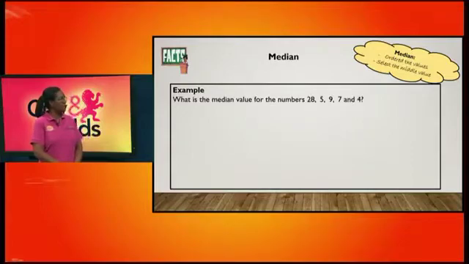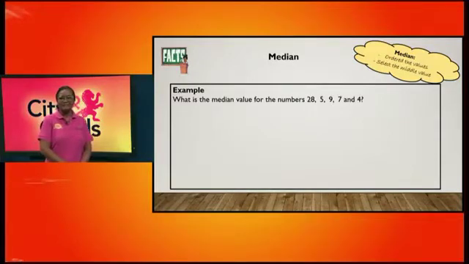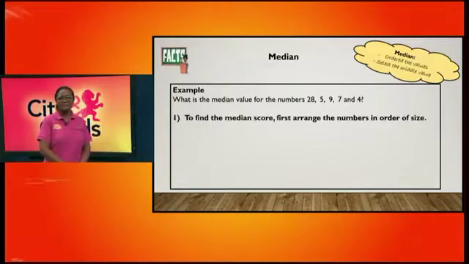Here's another example. What is the median value of the numbers 28, 5, 9, 7, and 4? What's the first thing we need to do? Order the values. So if we start with the least value, it would be 4, 5, 7, 9, and 28.